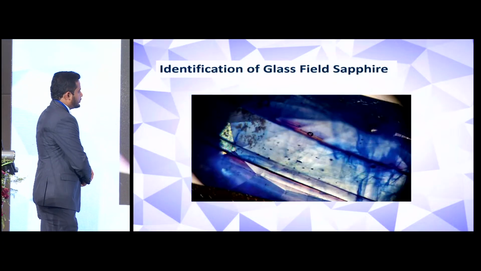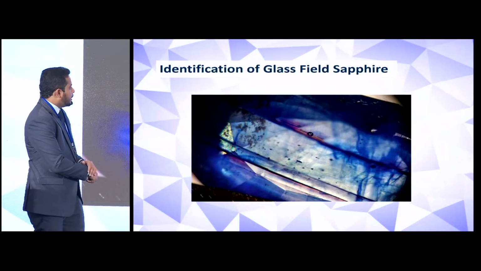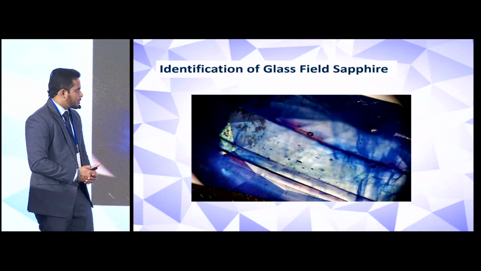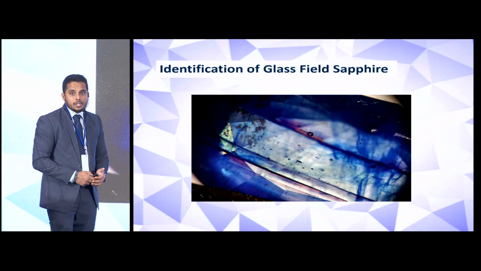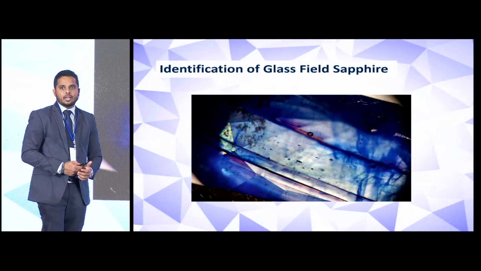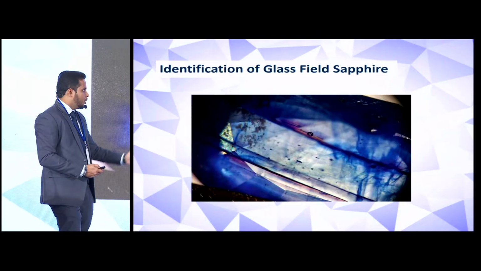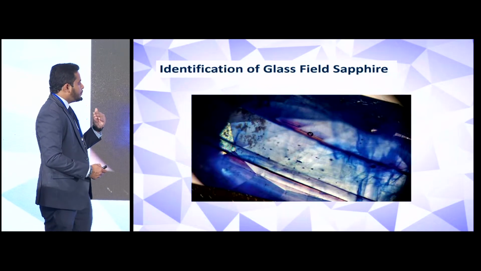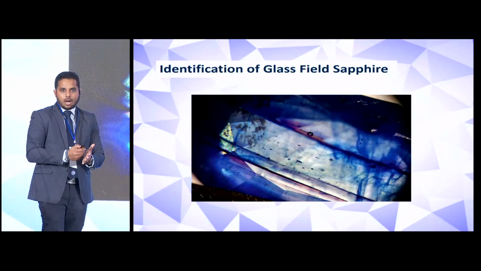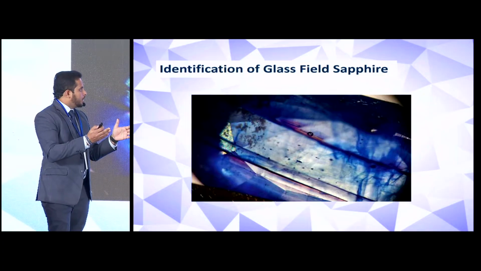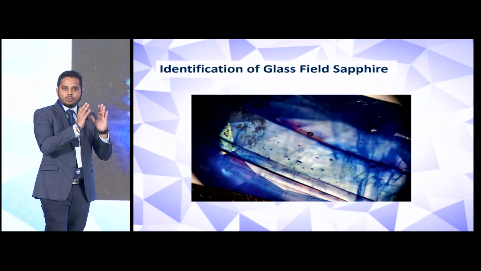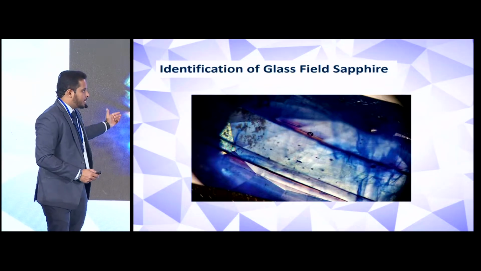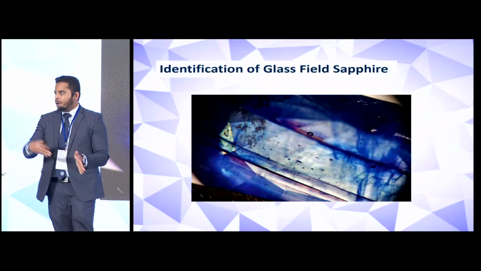So these are the internal appearances you can see once your stone is glass filled. Glass filling is mostly done to rubies, but it doesn't mean that it's not done to other sapphires as well. So this is a blue sapphire which has been glass filled. Once you fill with glass, in the areas where those cavities are, you can see gas bubbles as well as some sort of a flowing pattern.